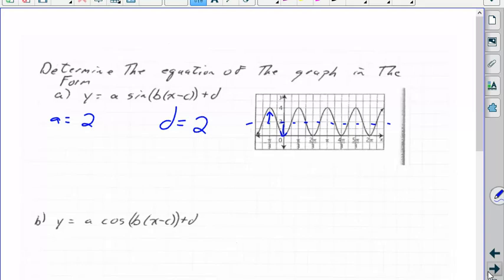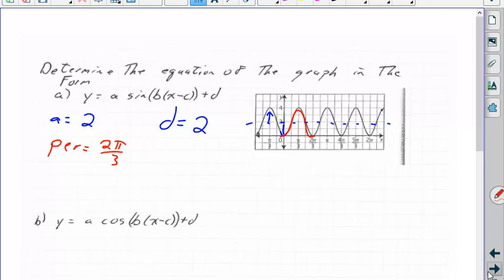We first have to find how long it takes to repeat. Well, the nice thing about this guy, we can start here and end there. That's one period that I've sketched. It started at 0 and ended at 2 pi over 3. So my period is 2 pi over 3.